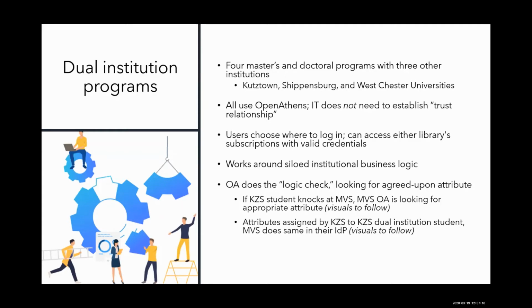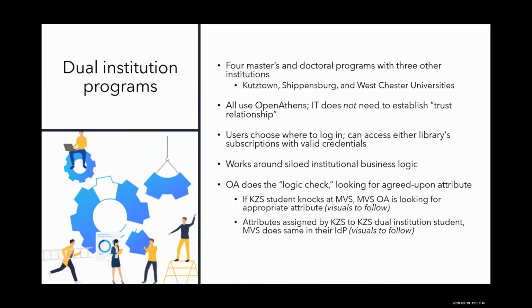It's a political hot button issue for a whole bunch of reasons. So I was able to avoid that conversation in its entirety by saying, we'll get OpenAthens to do this and we'll put the logic in there. I just need you to give me some appropriate attributes, and local IT folks don't need to have that trust relationship conversation. Again, trying to avoid the politics of that whole setup.